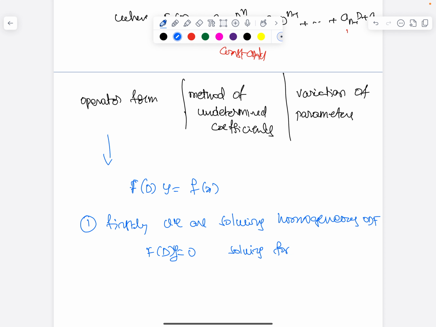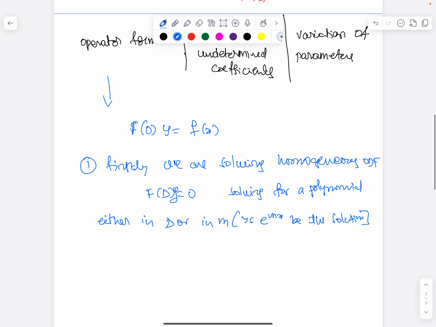for a polynomial either in D or in m. In m, when you assume y equal to e to the power mx as the solution, you substitute y prime, y double prime, y triple prime and so on in the given homogeneous differential equation and find the m values.